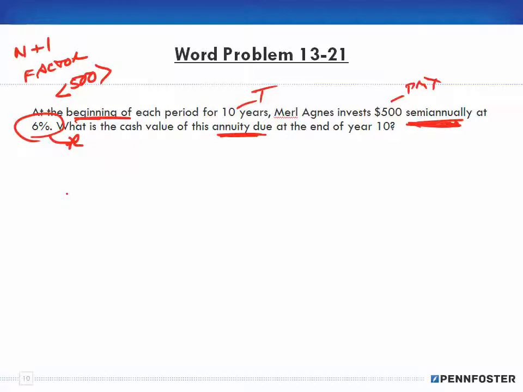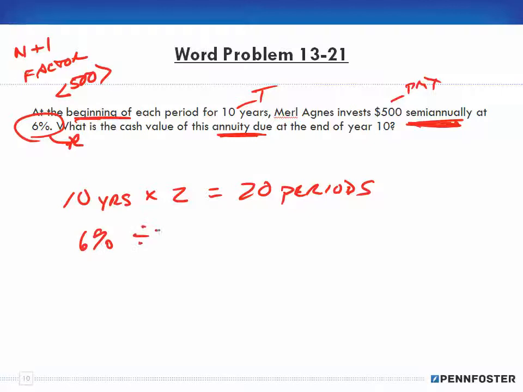So if we have our number of periods as 10 years, we multiply it by 2 because it's semi-annually, which gives us 20 periods. And for our interest rate of 6%, we divide by 2 to get 3% for the compounding per period.